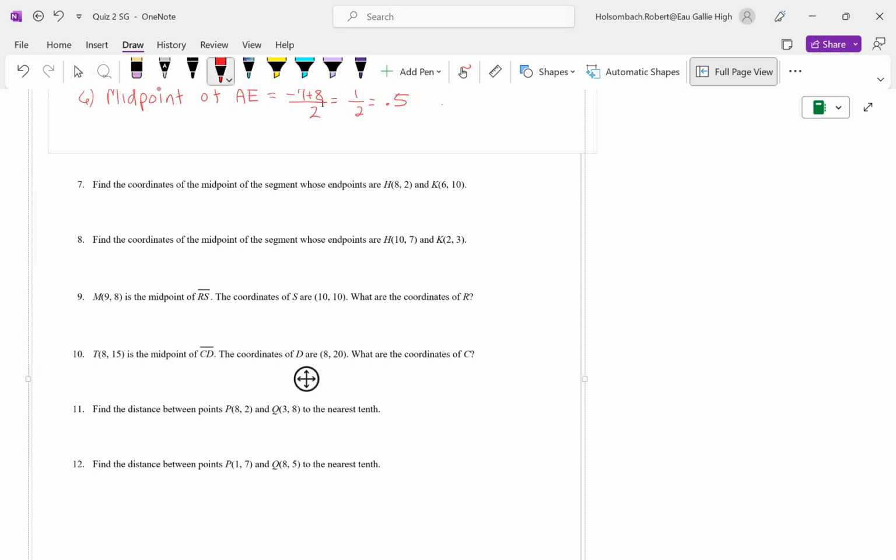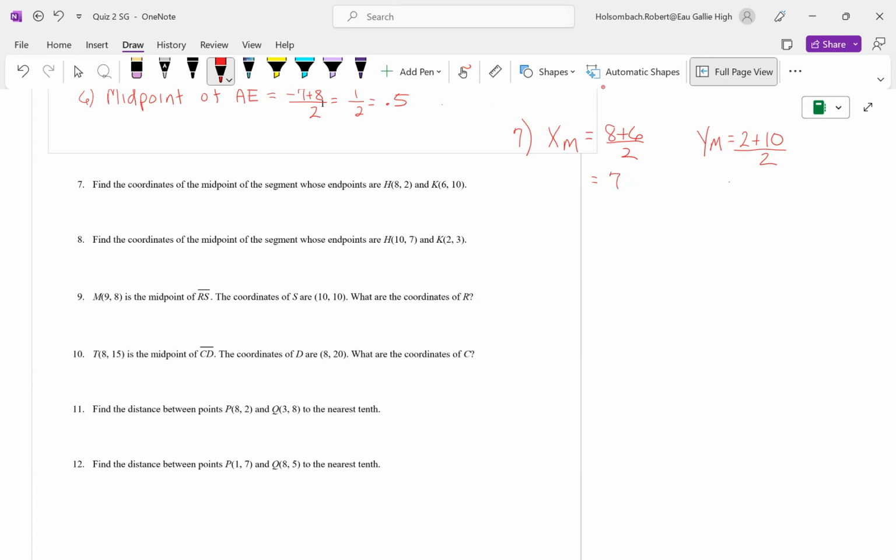So for number 7, our X at the midpoint is equal to 8 plus 6 divided by 2. And our Y at the midpoint is equal to 2 plus 10 divided by 2. So our X at the midpoint is going to be 8 plus 6 divided by 2, which is 7.